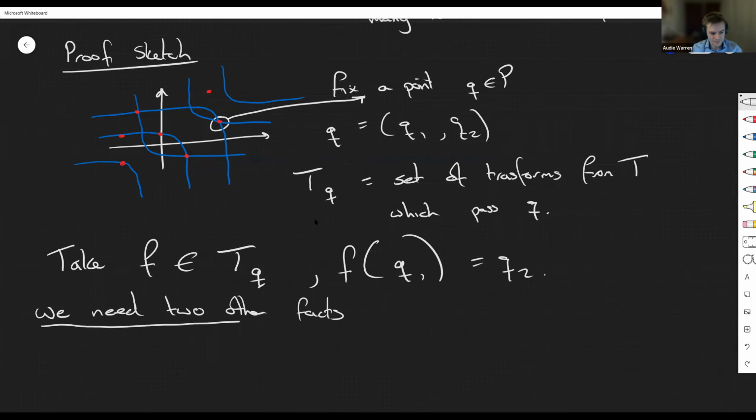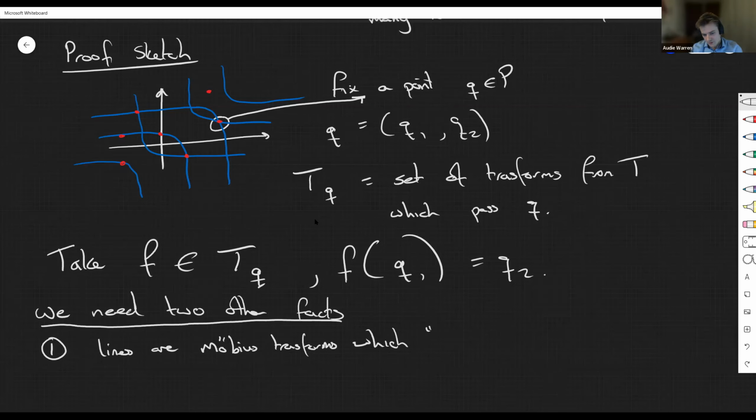The first one is that lines are Möbius transforms which fix the point at infinity. I'll explain what this means.